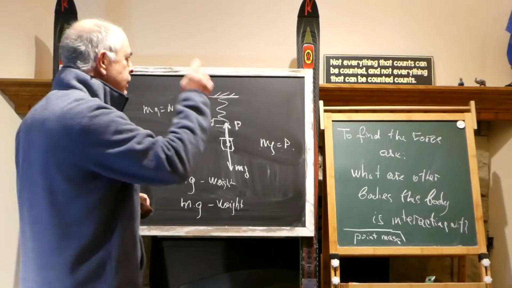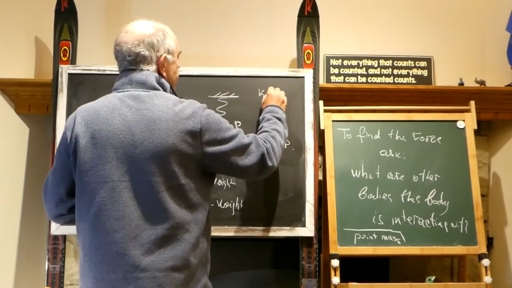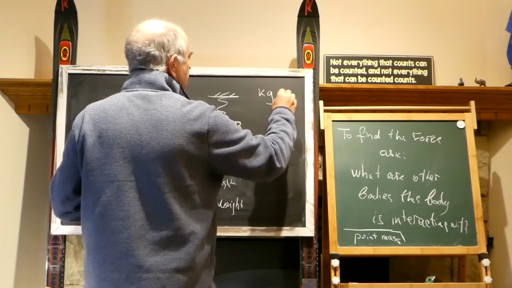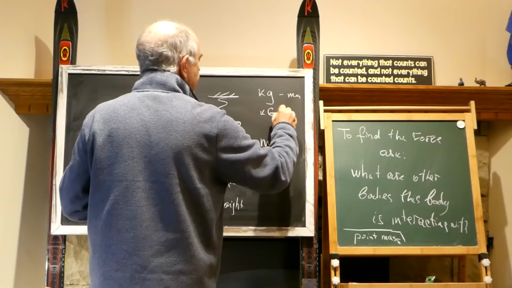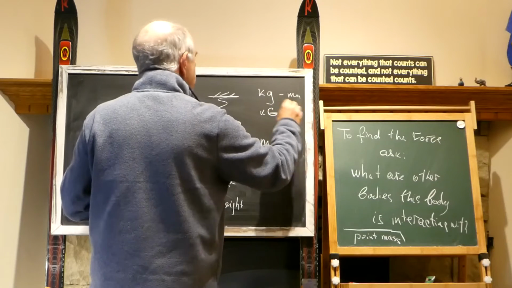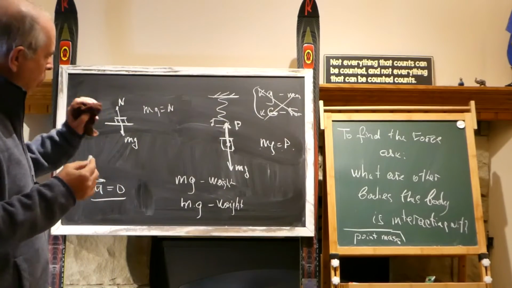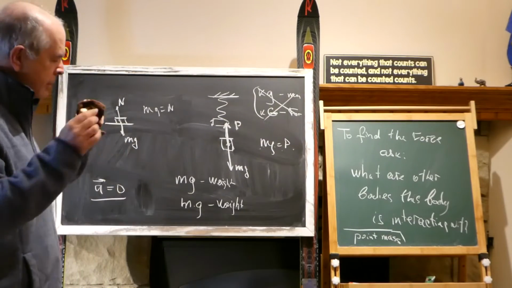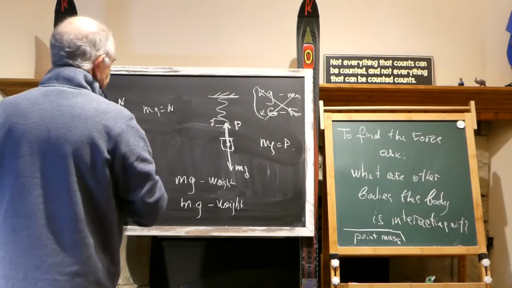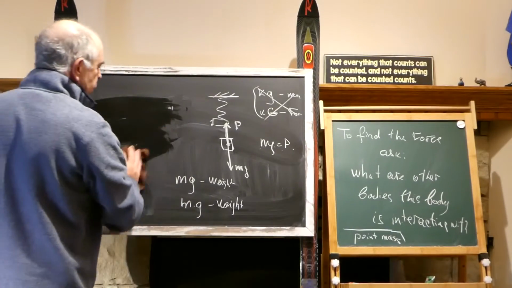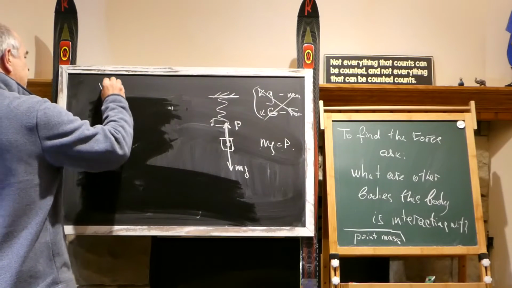In fact, a long time ago there was kg for mass, and there was kg capital for the force. Those units, but I don't want to go there because it's too complicated. All I wanted to say is that m is mass, and mass multiplied by g is weight. And weight is not a force. So let me write it down.